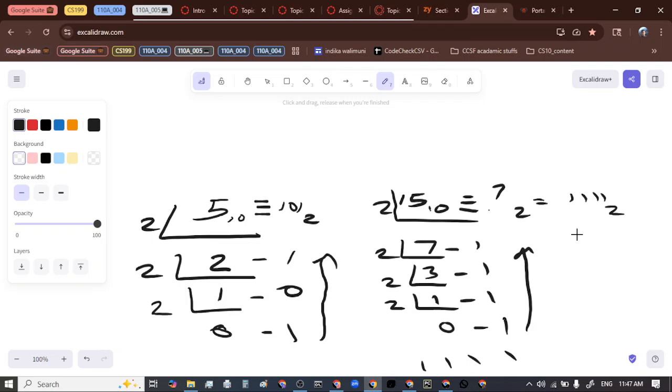So to represent 0, you require 4 zeros in binary, right? Since we require 4 binary digits to represent the last digit in the hex system, that means we should take 4 binary bits to represent a single hexadecimal digit, okay, got it?